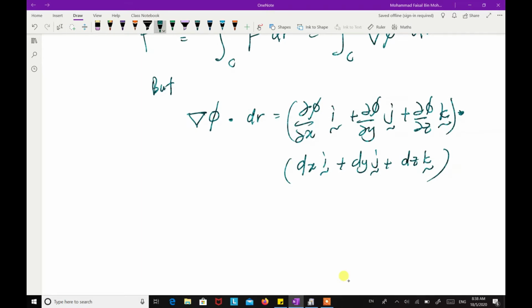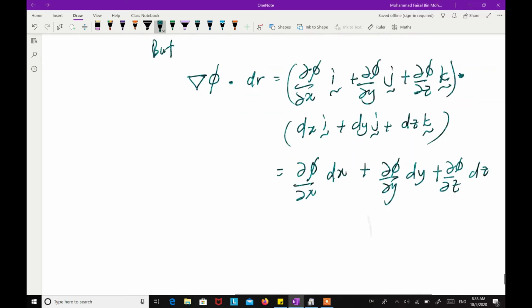So we can simplify as del phi over del x dx plus del phi over del y dy plus del phi over del z dz. So this is nothing but d phi.